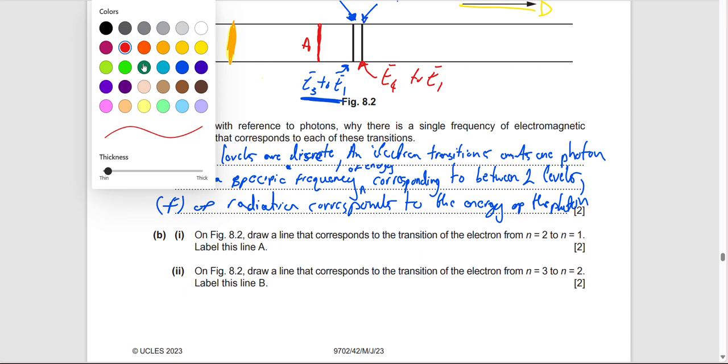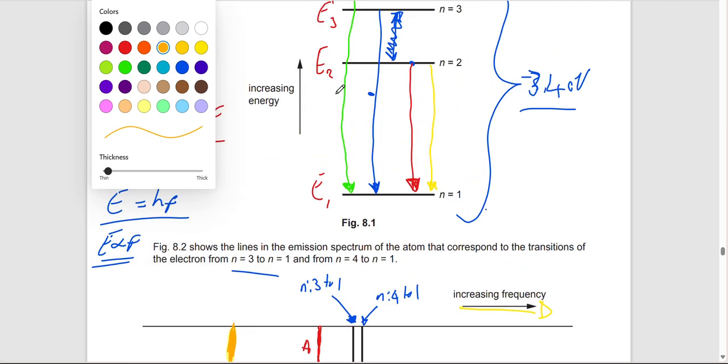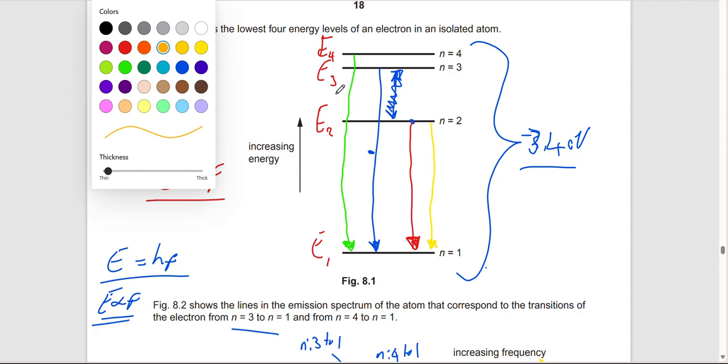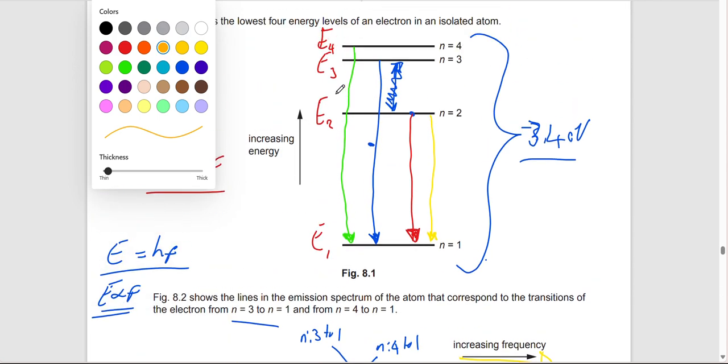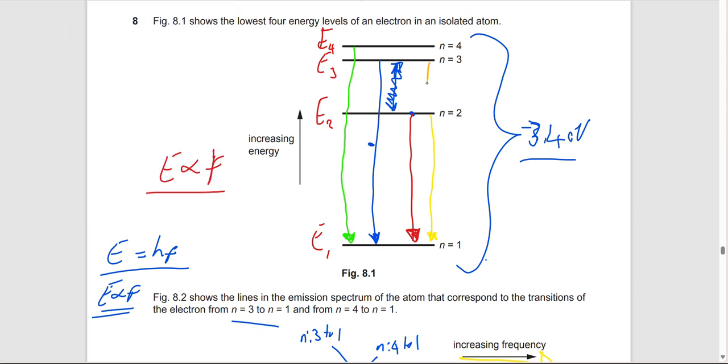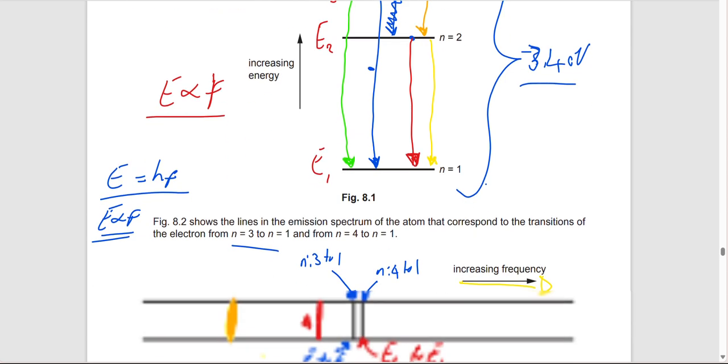And then n equal to 3 to n equal to 2. So this was supposed to be from n equal to 3 to n equal to 2. But still, the gap is small.